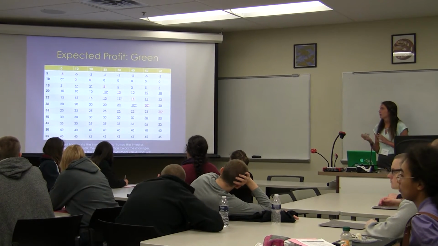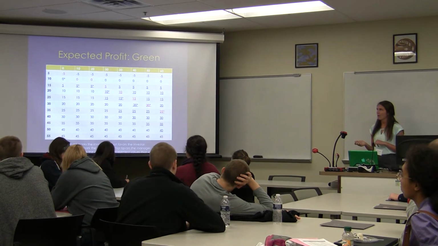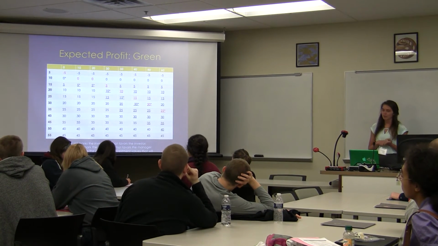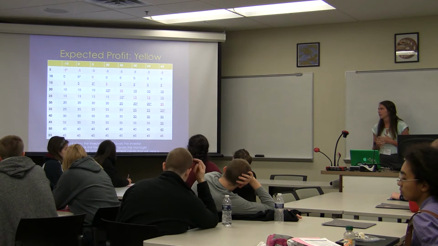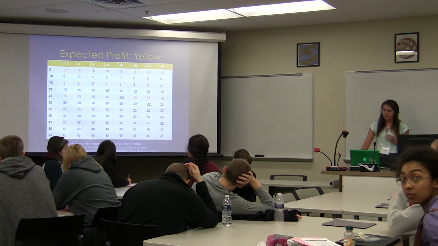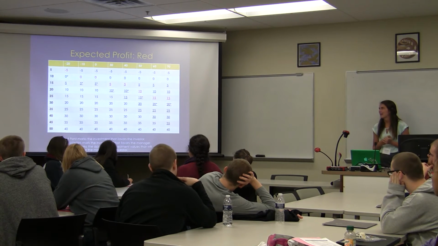For the green properties, you can see that the managers can make a little bit more money than with the blue. Yellow is pretty similar to the green as well. And the red is pretty risky too.